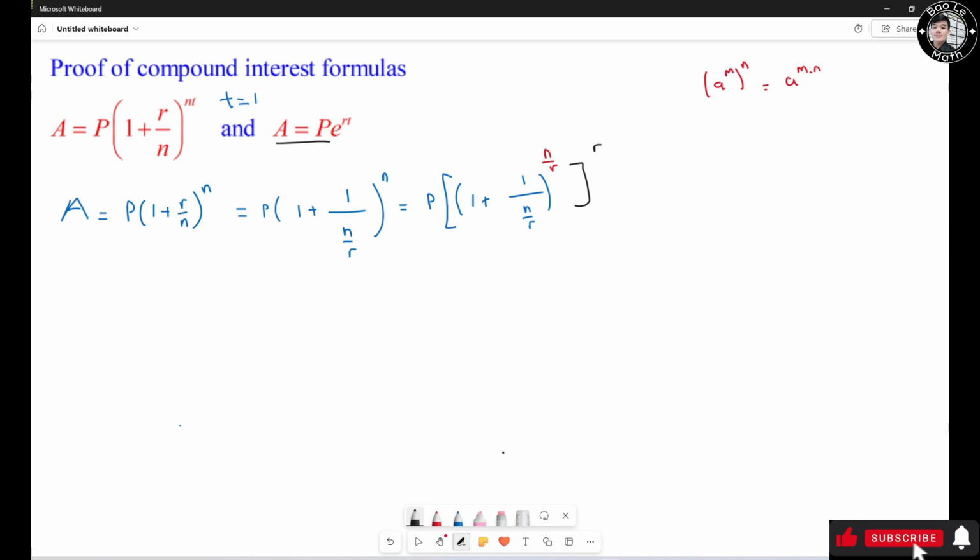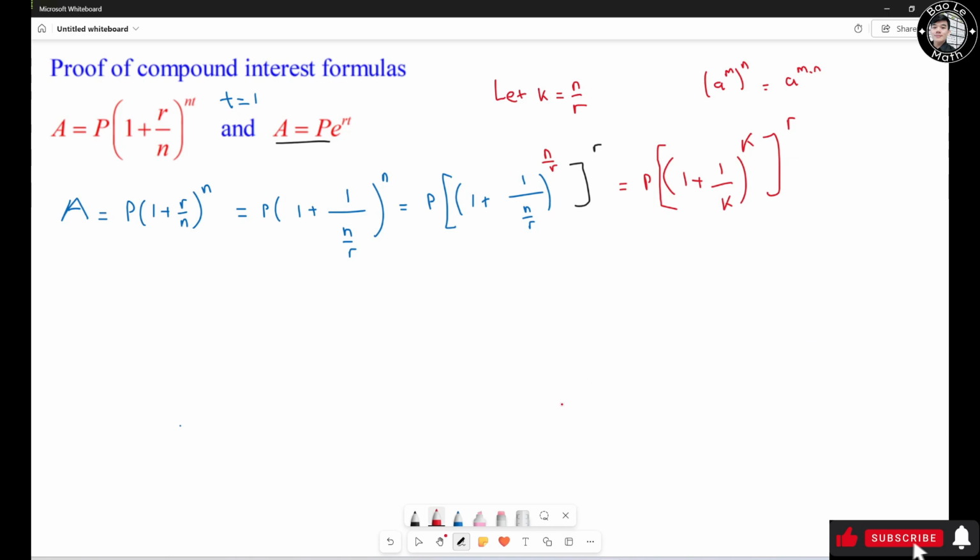Okay, now I'm gonna let k equal n over R, so I substitute over here. So this turns out to be P times 1 plus 1 over k, all together to the power of k, and to the power of R outside, right?